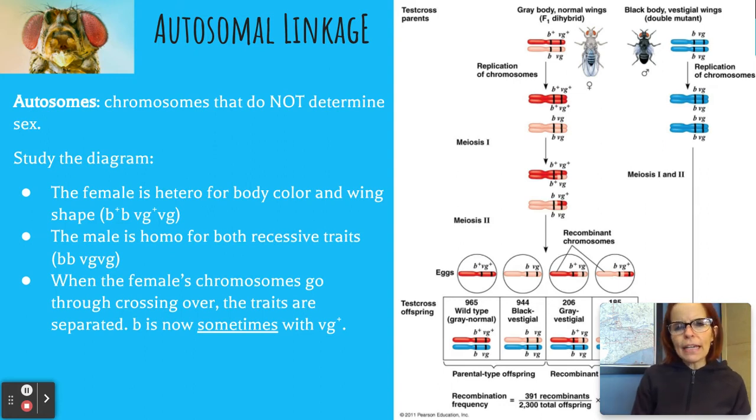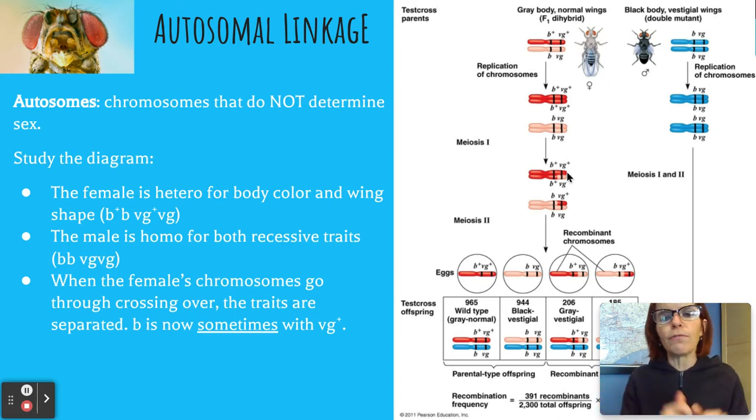When the female's chromosomes go through crossing over during meiosis 1, so here we go. We're looking at crossing over. Crossing over happened in meiosis 1. The traits are separated. B is now sometimes with VG plus, the wild type. So take a look. This red sister chromatid, normal. So it didn't change at all.